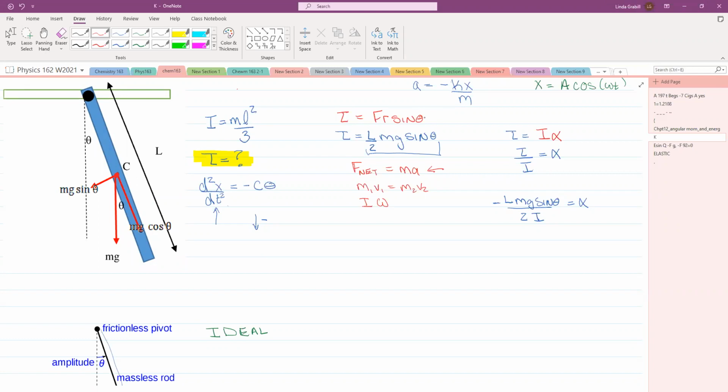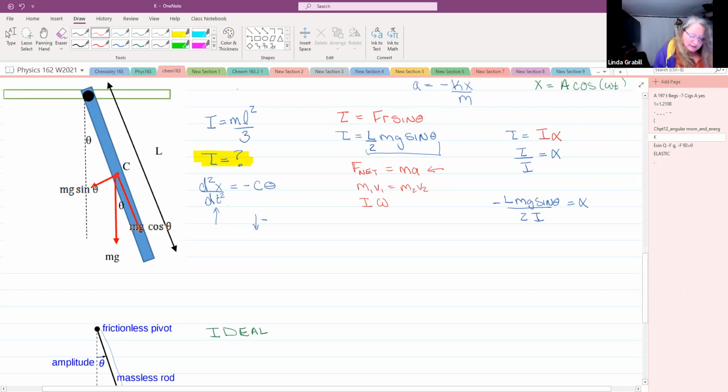Okay. So then let's see. d²θ/dt², another way to look at this is indeed alpha, because it's just acceleration. And if I'm doing it in terms of theta, then I'm looking at a radian change per second. So I can go negative c theta equals negative L mg sine theta over 2 times inertia.